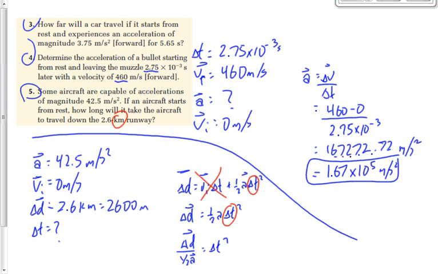And then what do you got to do? Good. Square root that. So it's going to be T is equal to the square root of D over 1/2 A. Does anybody have an equation that looks like this? Did anybody write it down that way?